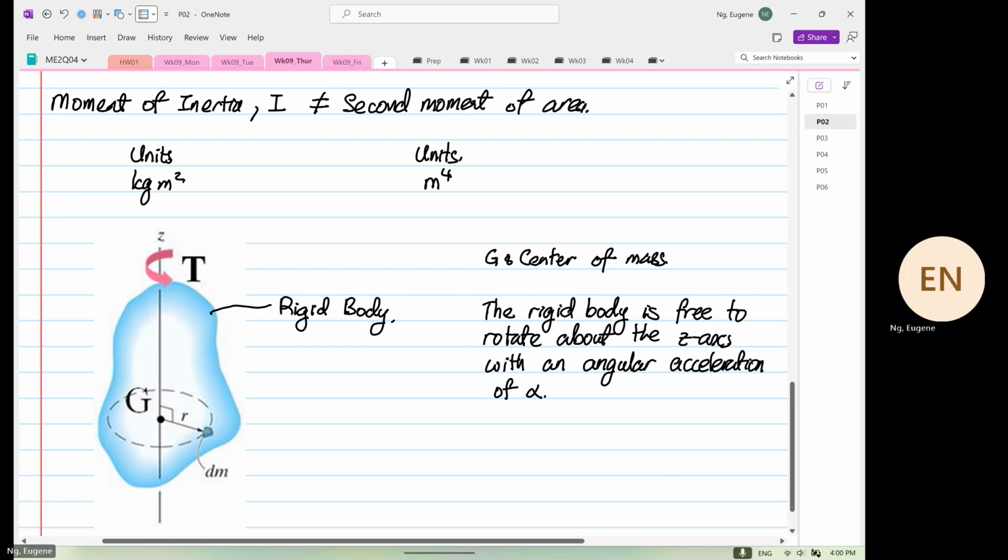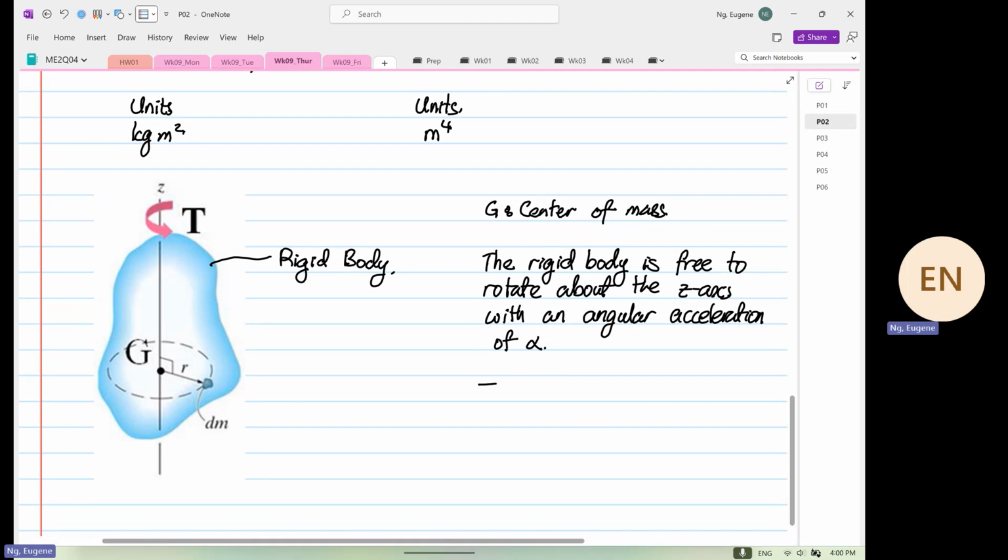So from here, we can relate T is equal to I alpha. So T over here represents the torque.